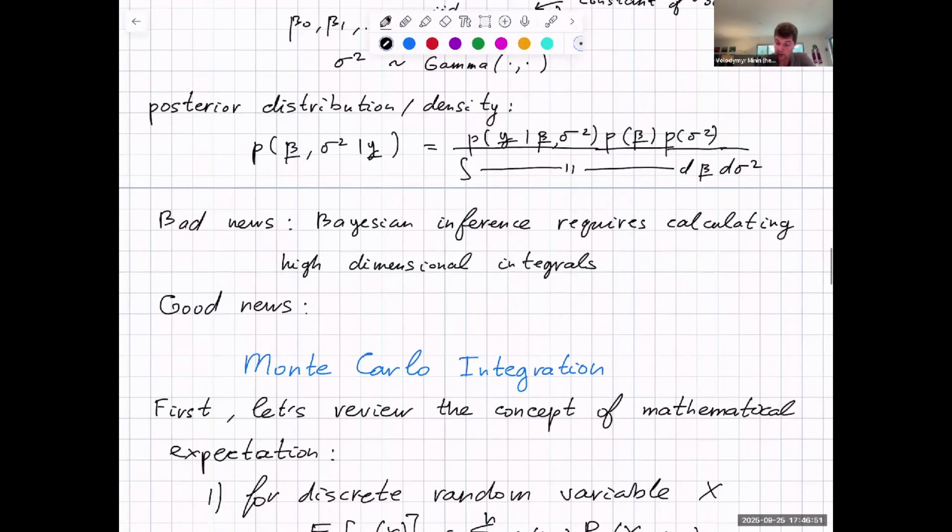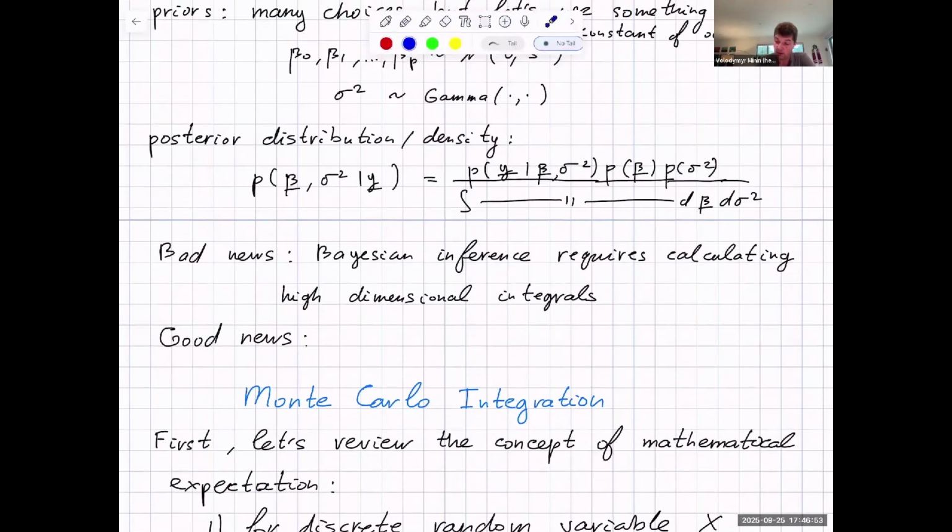And good news is that like this one right here, for example, I need to do this integral on the bottom. If I have even 10 betas, a very simple regression with 10 covariates, so 9 covariates plus intercept, and sigma squared, I don't know how to integrate functions in 10 dimensions. We have a couple of tricks to do it analytically, maybe 1 or 2, maybe 5, but we don't.